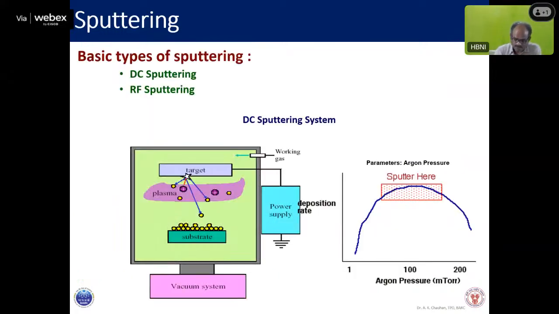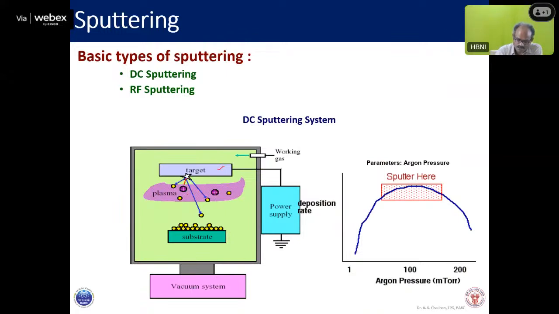Now we can understand this by a sketch. Suppose we have a substrate where we want to deposit some material, and whatever you want to deposit is in the form of a target. Then a plasma of argon or some other gas, mostly argon only, is generated.